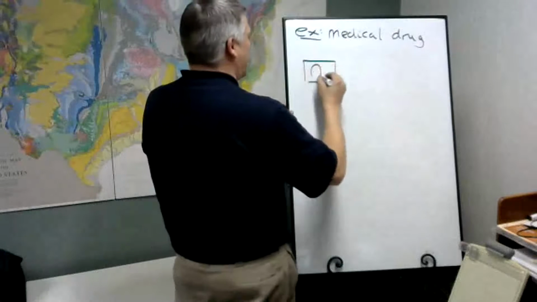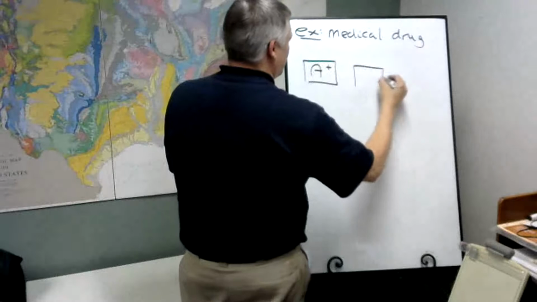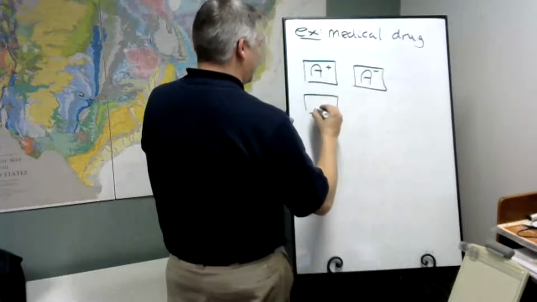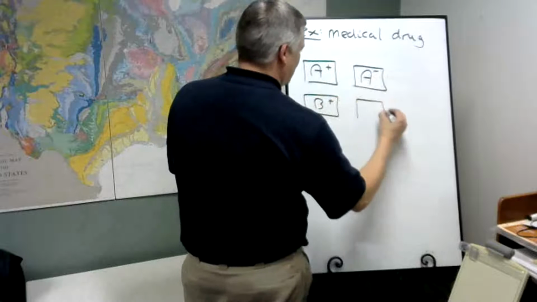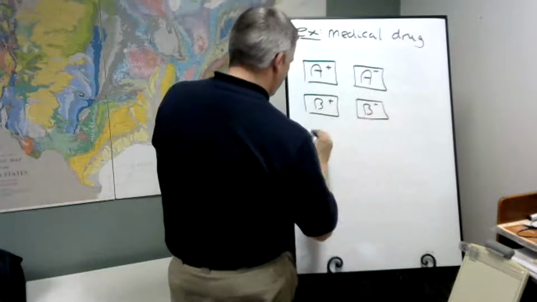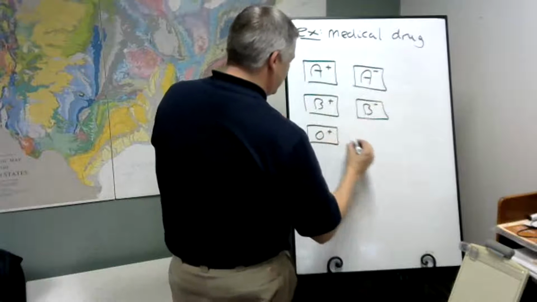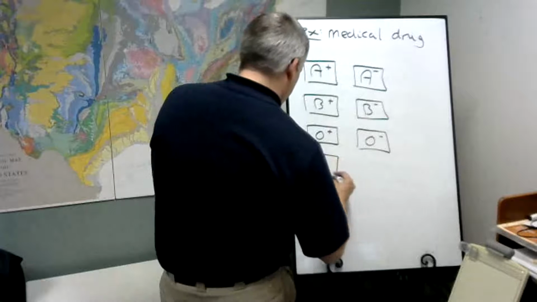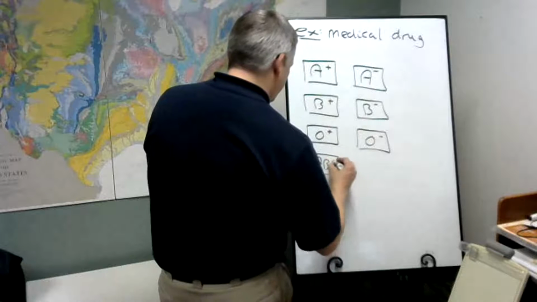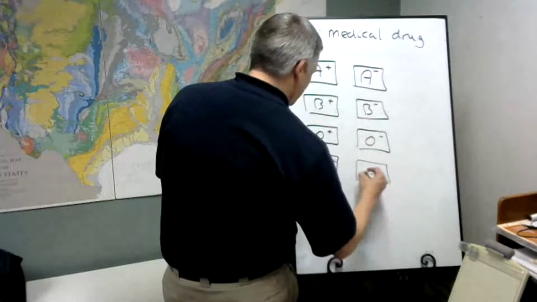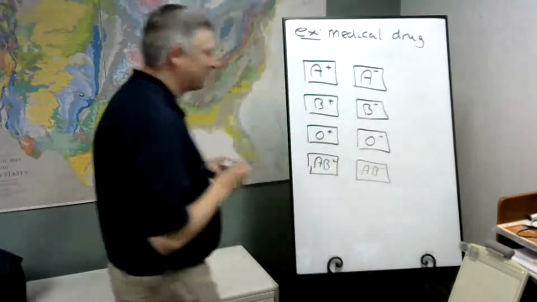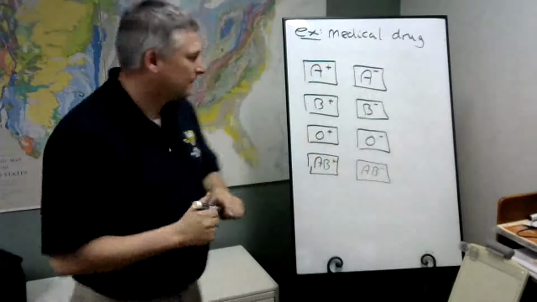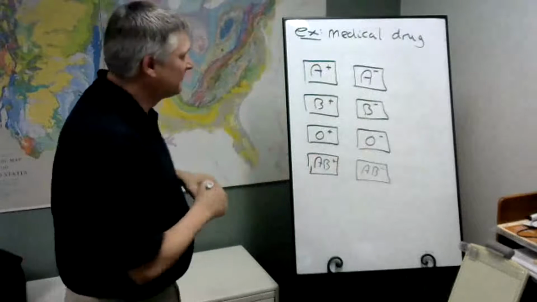So there's going to be a block of A positive, a block of A negative, a block of B positive, a block of B negative, a block of O positive, a block of O negative, a block of AB positive, and a block of AB negative. Let's say we're going to test this one drug, and we're going to have a placebo.